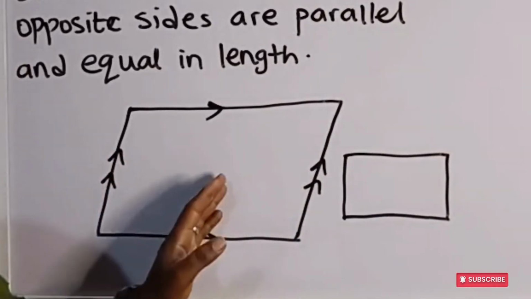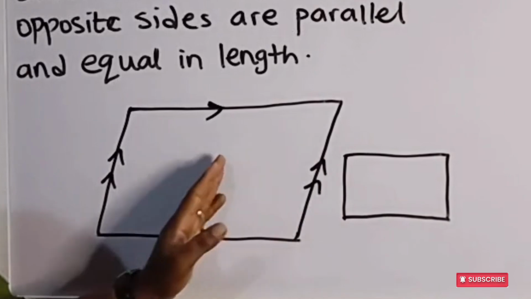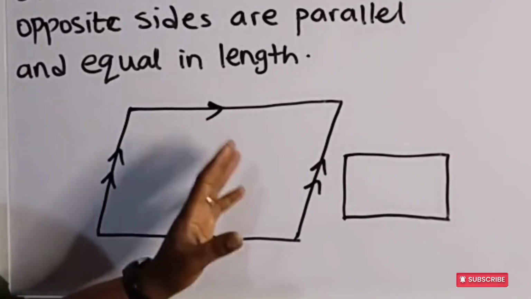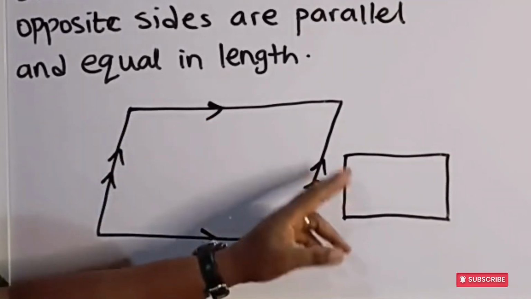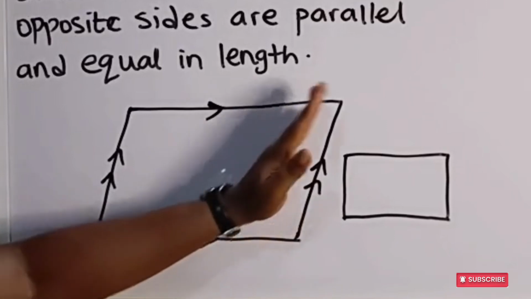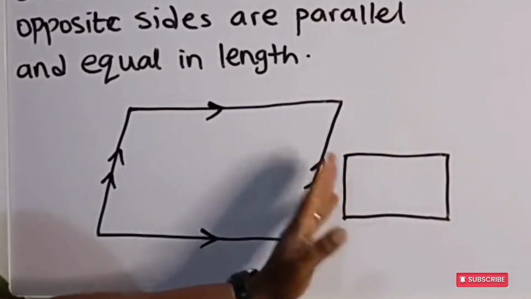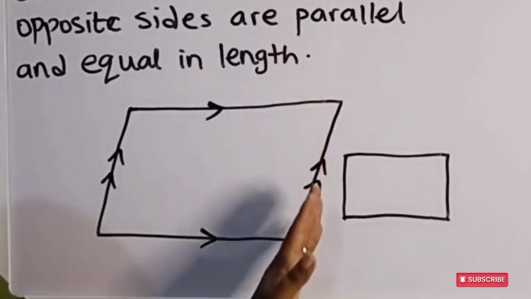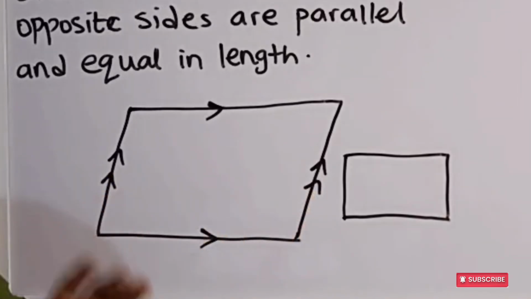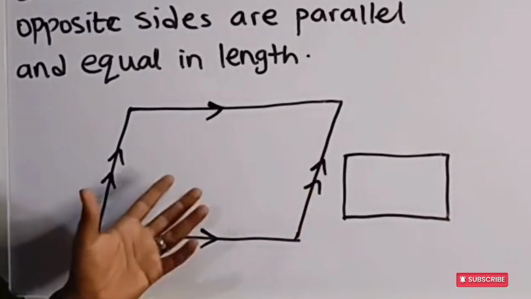If you compare a rectangle to a parallelogram, they look similar. The only difference is, the parallelogram is leaning to one side, but a rectangle is upright. That's the difference between a parallelogram and a rectangle.